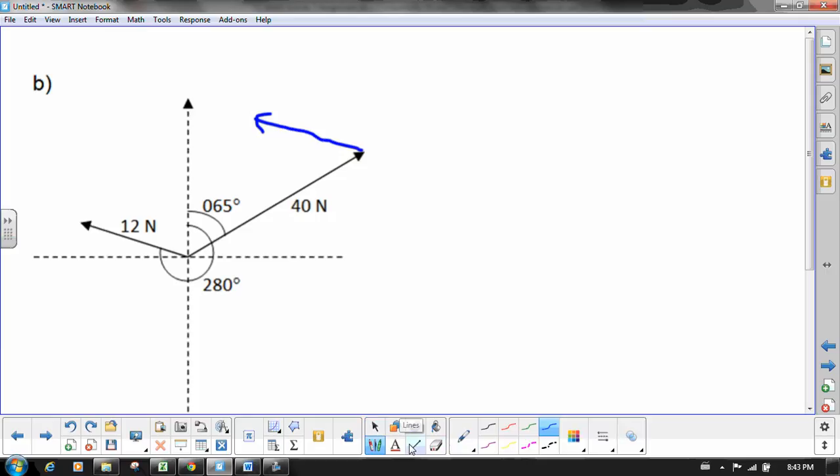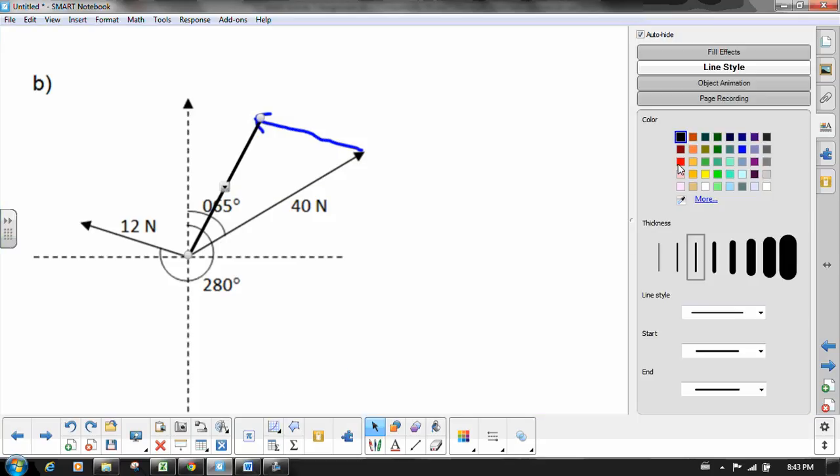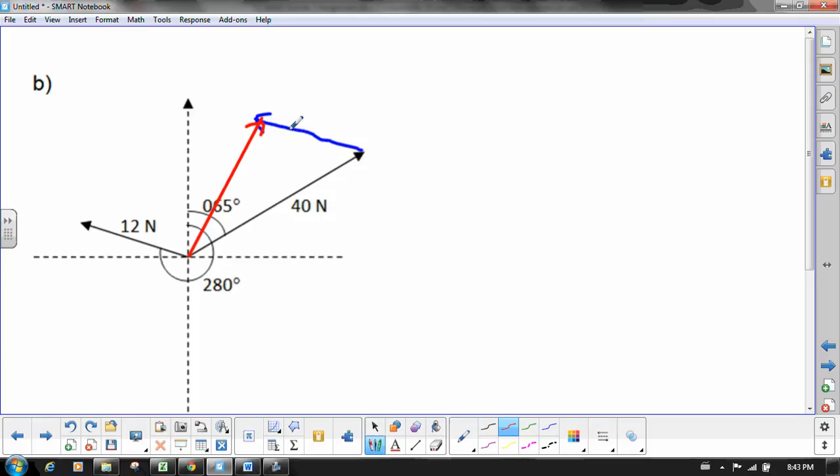And now from here, I'm going to draw my resultant. So this will be my resultant. Okay. I'm actually going to change the color so that we know what it is. So this is my resultant. And I'm going to need to put an arrowhead on there. All right.